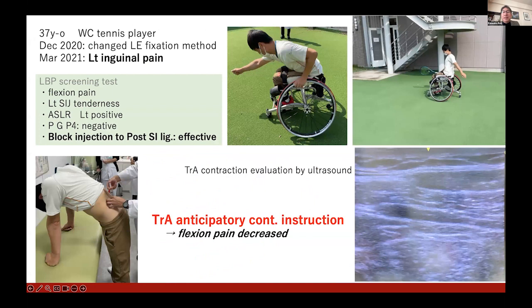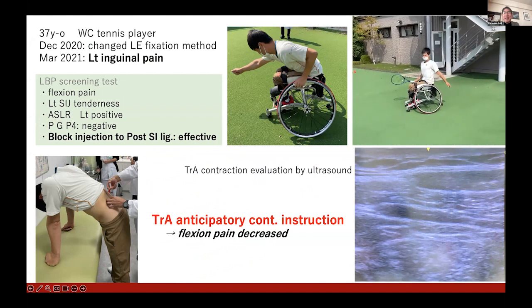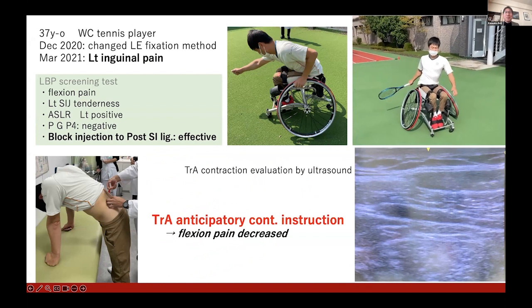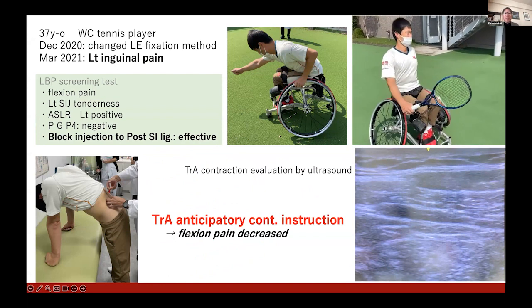Finally, I present the case of a 37-year-old wheelchair tennis player. He presented to my outpatient clinic because of left groin pain in 2021. He had anterior bending pain, which became more intense during wheelchair turning movement like this.